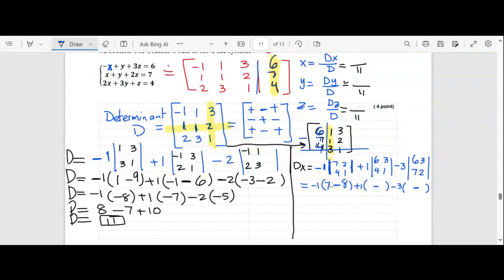We have to choose the easiest one. 6 times 1, 6, 4 times 3, 12, 6 times 7, 6 times 2, 12, 7 times 3, 21. Okay, don't try anything, just watch. 7 minus 8, -1, times -1, 1. 6 minus 12, -6, times 1. 12 minus 2, 10 times 3.